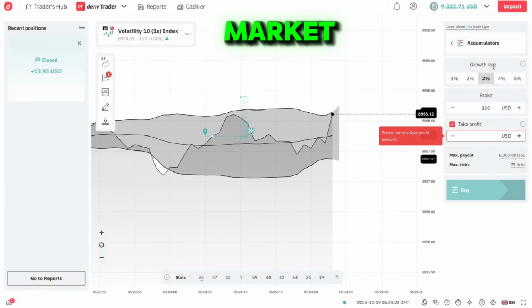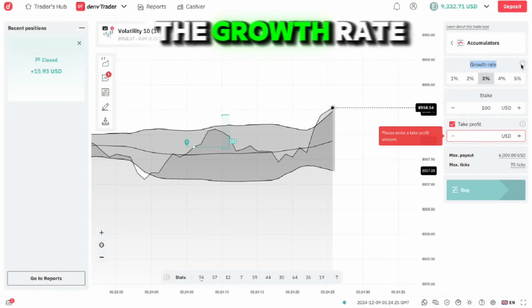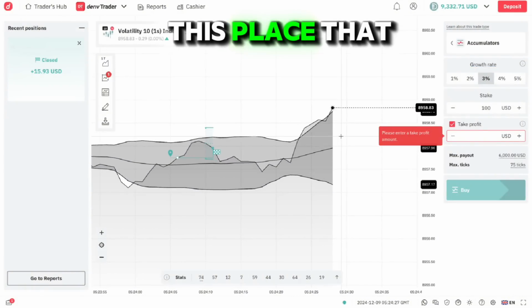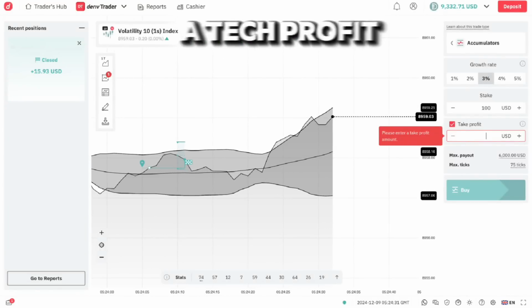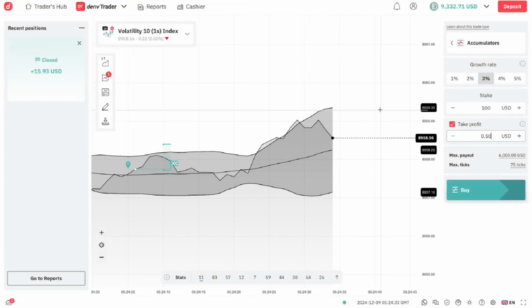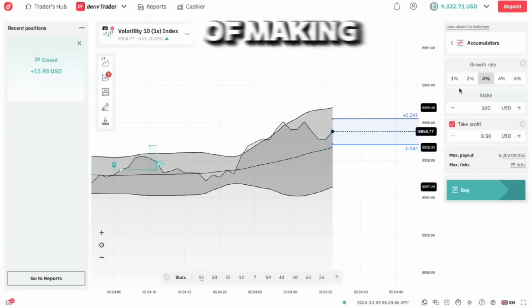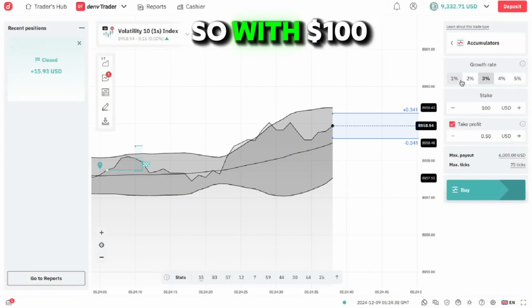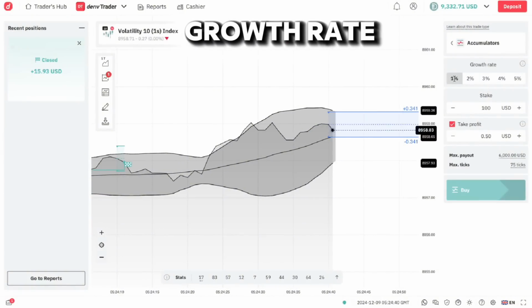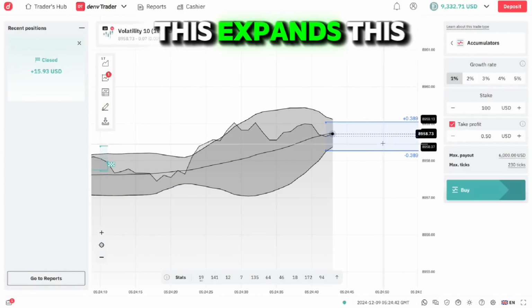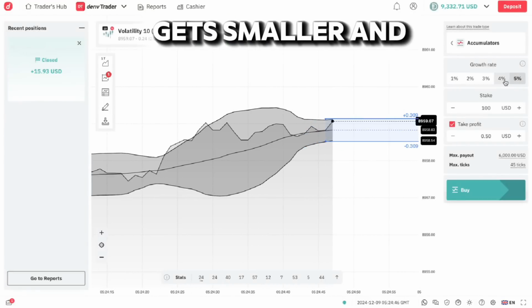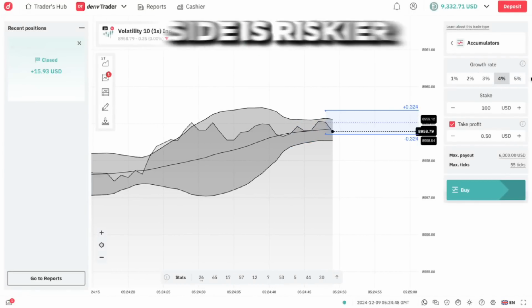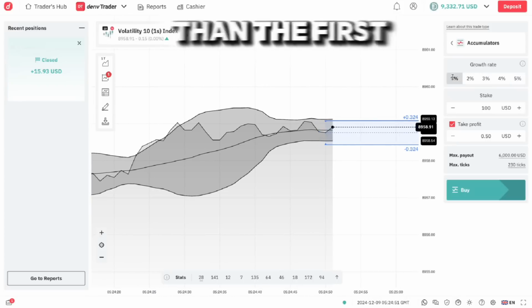This is the accumulators market. The growth rate means this price that you see here. Let me just put a take profit of 0.50. This was just an easy way of making money. So with $100, the 1% growth rate, this expands this stuff. If you go to 5%, it gets smaller and smaller. So the upper side is riskier than the first side.